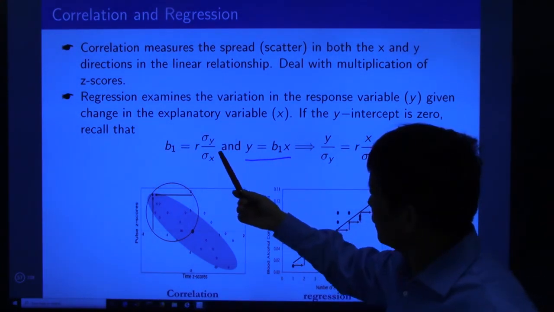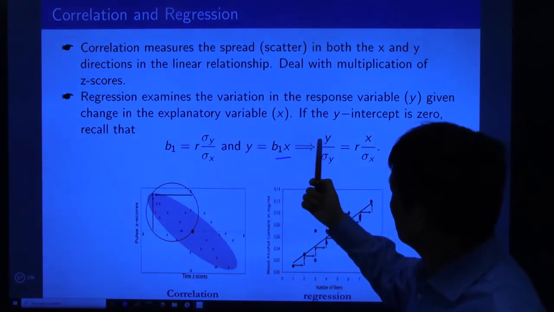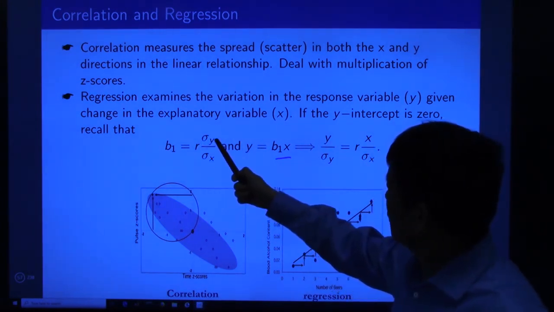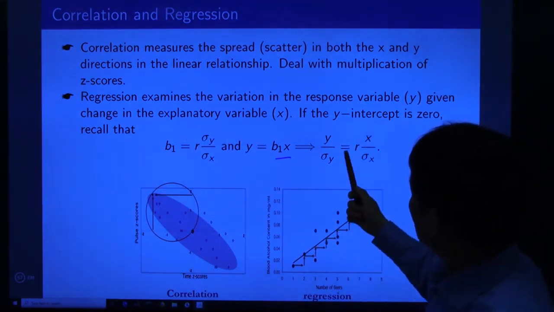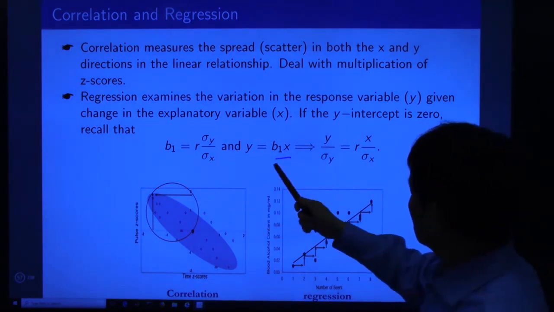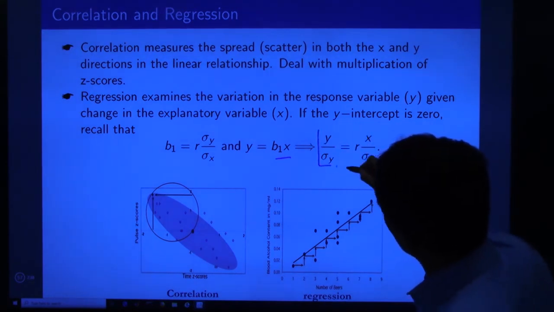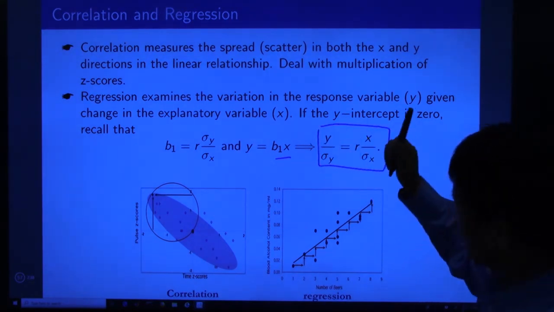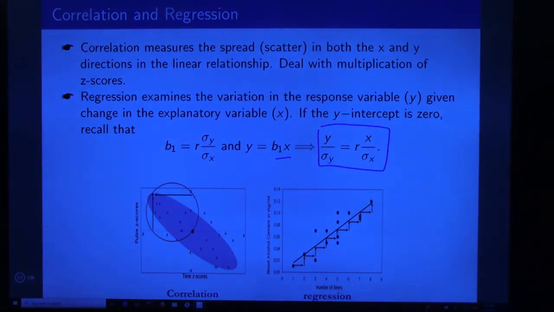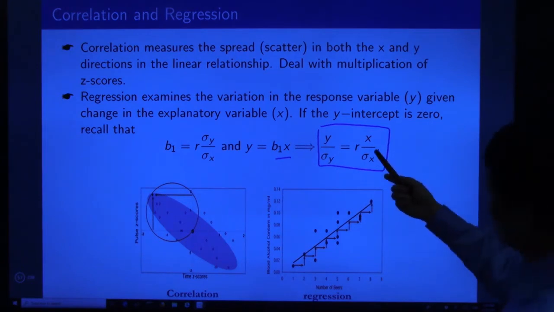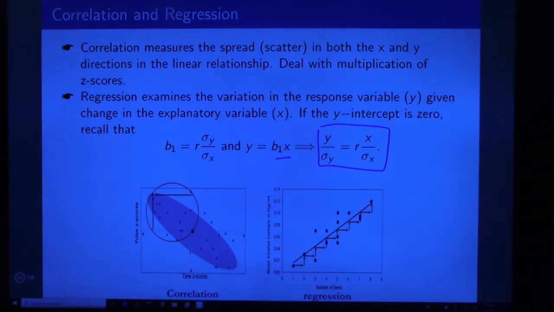We plug it in here, so y equals r times sigma y times x over sigma x, and we move sigma y from this side to this side, and sigma x is still here. So we have this relationship: y divided by sigma y equals r times x over sigma x. Right? This formula can give us some thought.